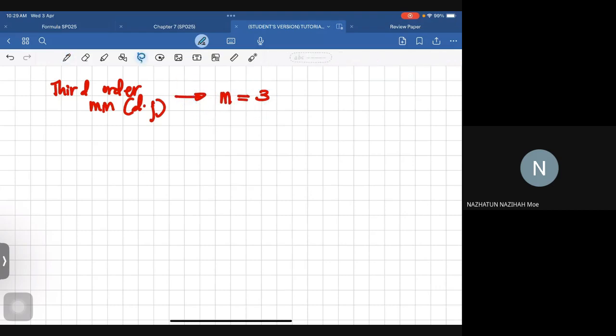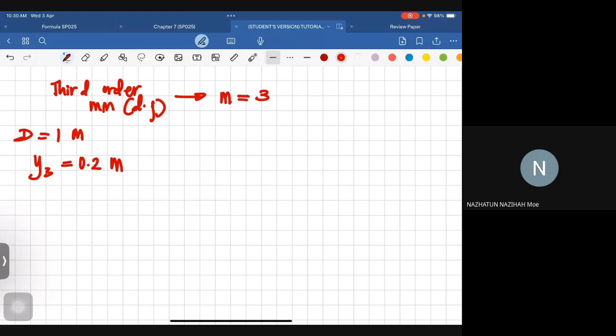Tidak, sebab dia sudah mention order. Okay, so bila dia mention order, kita terus ambil the value. Lepas tu dia bagi tahu the uppercase D is 1 meter, and then that's basically it lah. So the third order minimum punya distance is 0.2 meter.